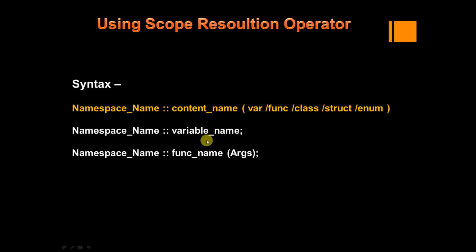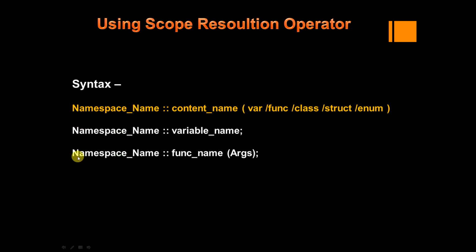For example, if you want to access a variable from a namespace, give the variable name, give the scope resolution operator prefix to this, and prefix the scope resolution operator with the namespace name. If you are trying to access a function present inside the namespace, then you use the function name, arguments list, and give the scope resolution, then the namespace name.